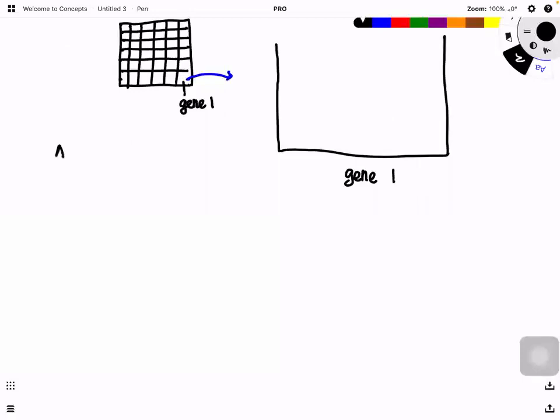If gene 1 is A, T, A, C, G, G, C, C, G, G, C, T, A, for example, this is the gene. What we're going to do here is synthesize single-stranded DNA which is complementary to the gene. Are you clear? We synthesize it complementary to the gene. So what are we going to have?